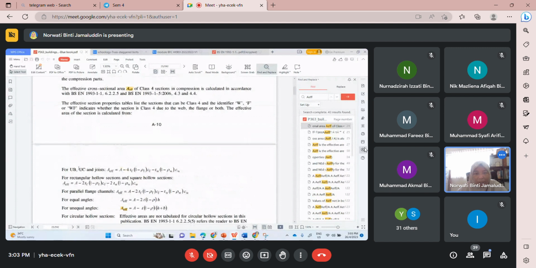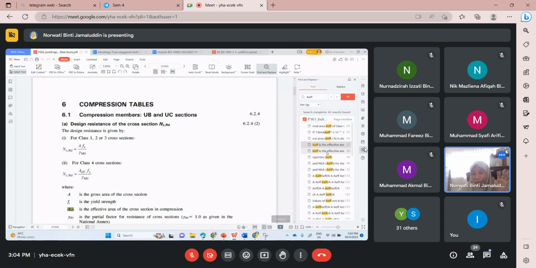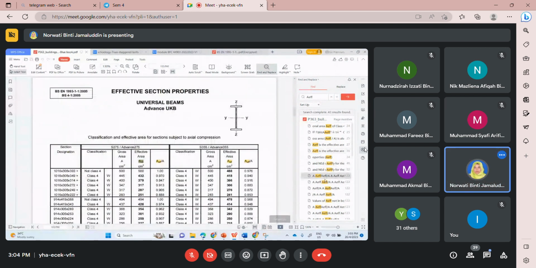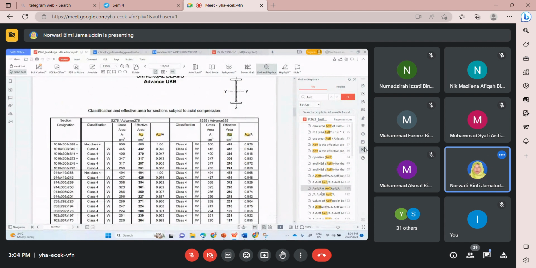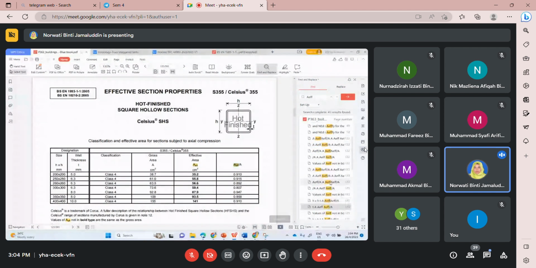But since I said that we will refer to the Blue Book, the Blue Book is a very complete reference. A effective, you can directly take from the table. Just look for A effective for angle.